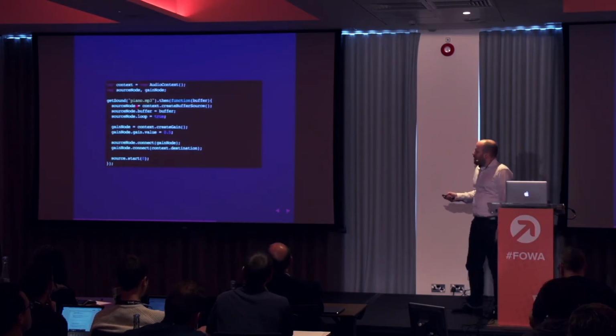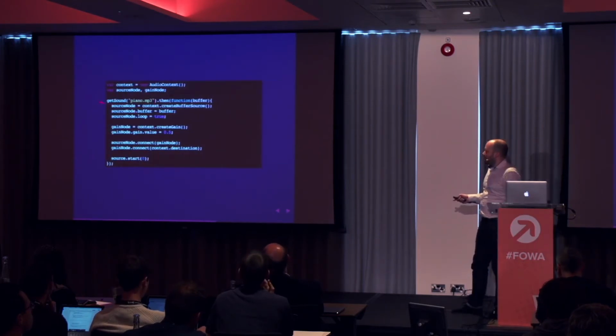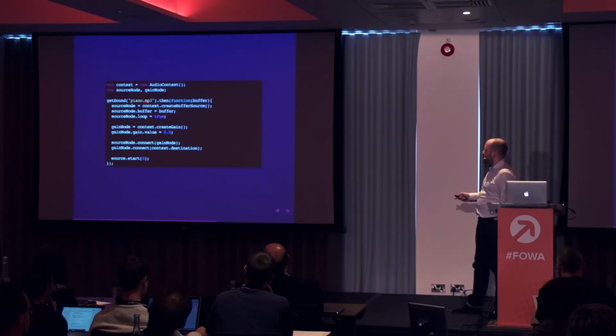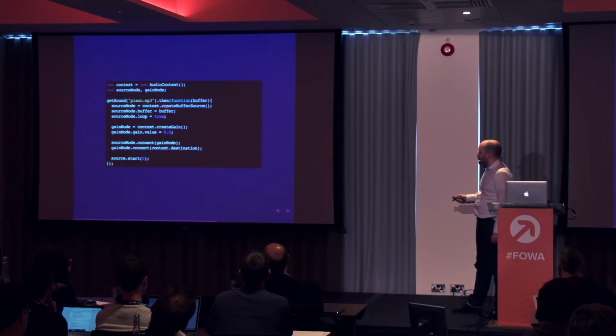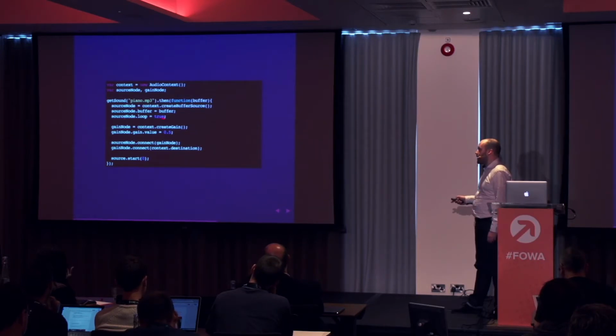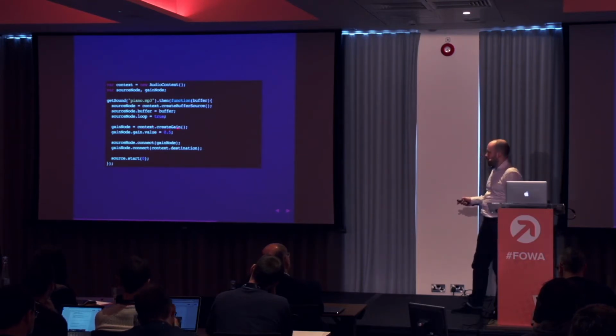In this next example, I have abstracted the get function into a getSound function, so we don't have to worry about decoding again. And once we get the sound, we are creating a buffer source again, and we're saying it should loop when we play it, but in between the source node and the destination node, we're going to add a gain node to control volume.